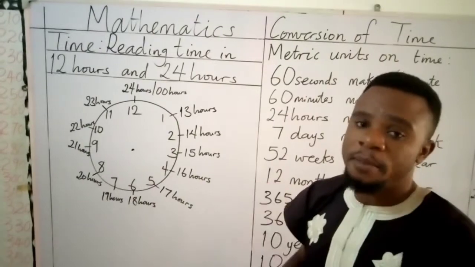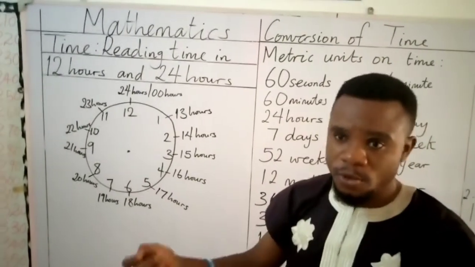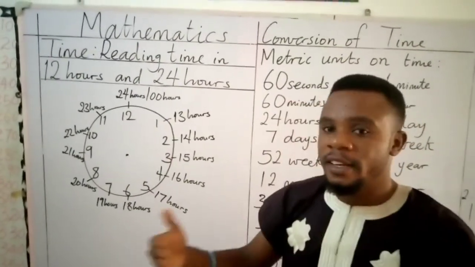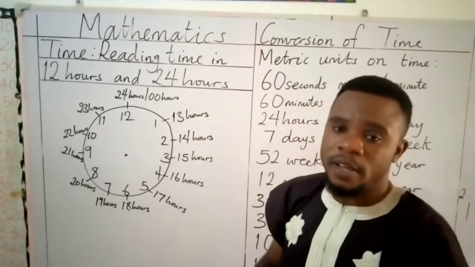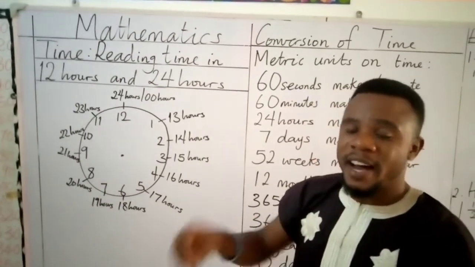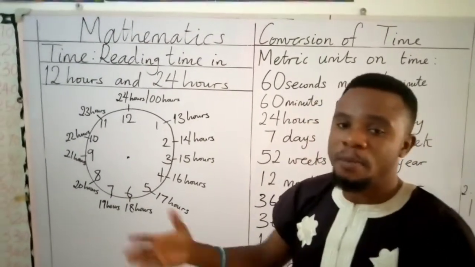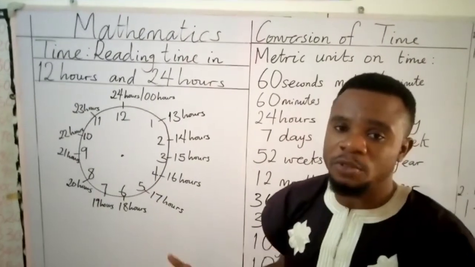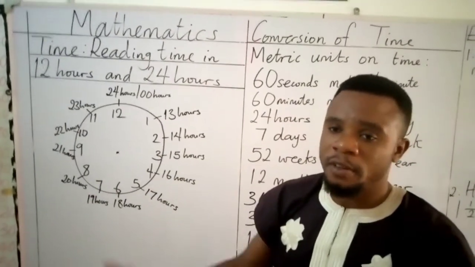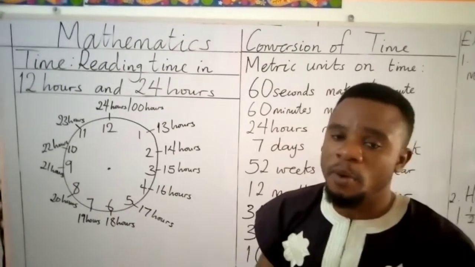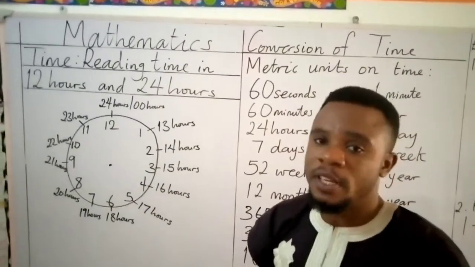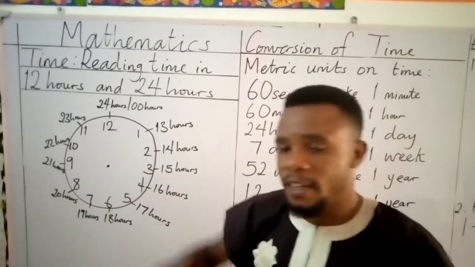So time is ongoing, and when it starts going, it is a continuous sequence of an event. An event can be your birthday, or anything you're doing. You come to school, you cannot get your time back because it has already passed. So time is an ongoing event.